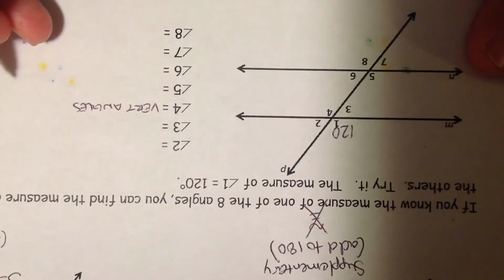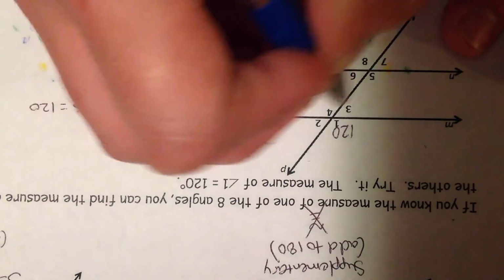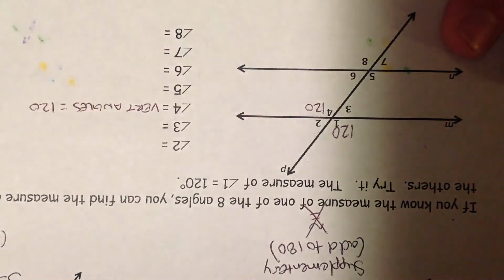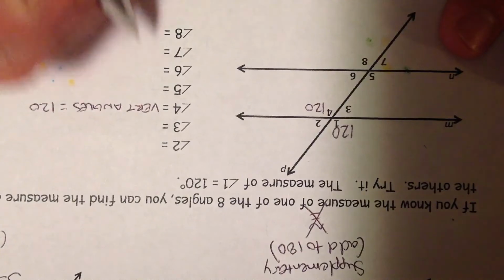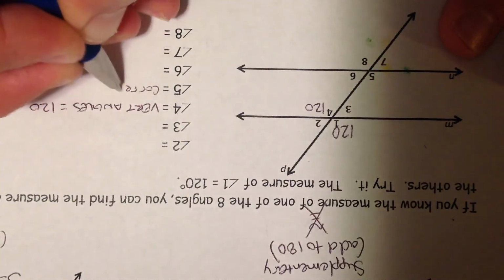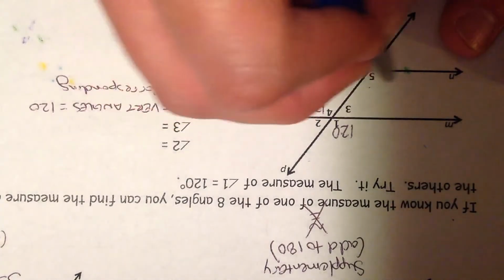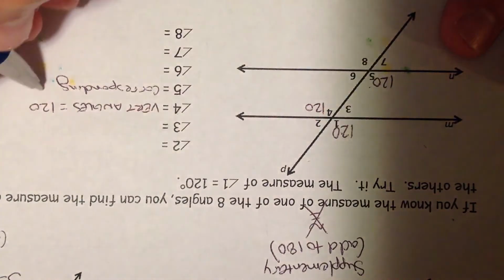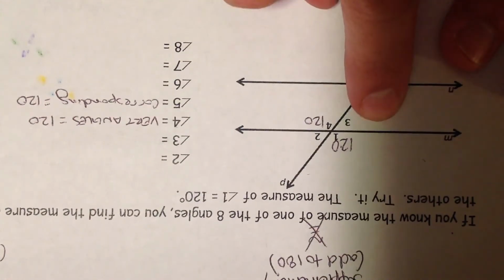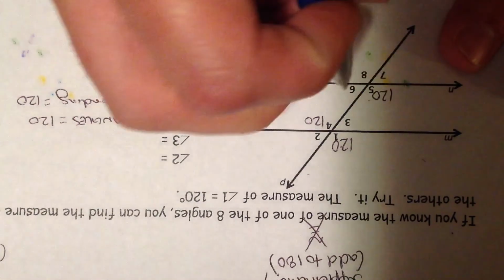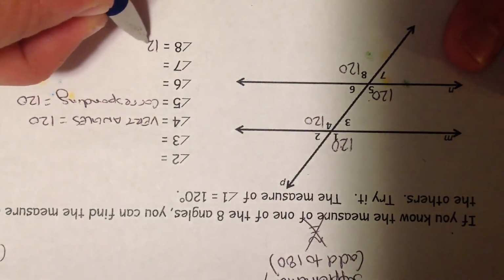So because angle 1 and angle 4 are vertical angles, that equals 120 degrees. Corresponding with number 1 would be angle 5. And we know that corresponding angles are congruent, so that's also 120. Now, angle 8 and angle 5 are vertical. Vertical angles are congruent, so that must be 120.